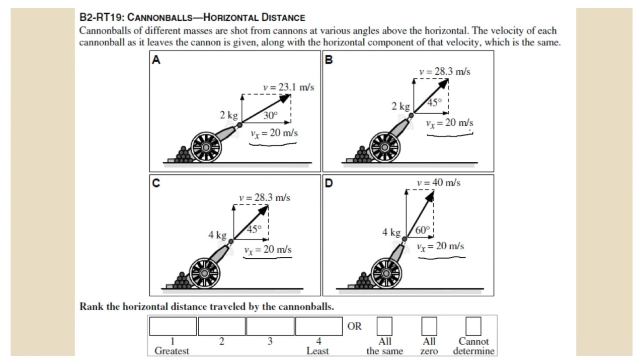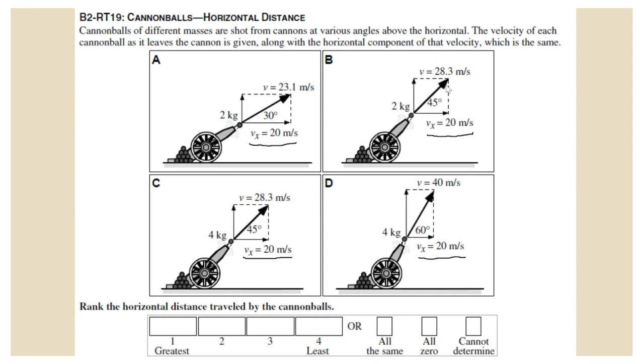Now, we should be very clear about something in this problem that we have not directly confronted in a conceptual question yet. I think a lot of people look at this question asking about the range or the horizontal distance, and they see these 45-degree angles in B and C, and they think, oh, that's what this question is asking about.